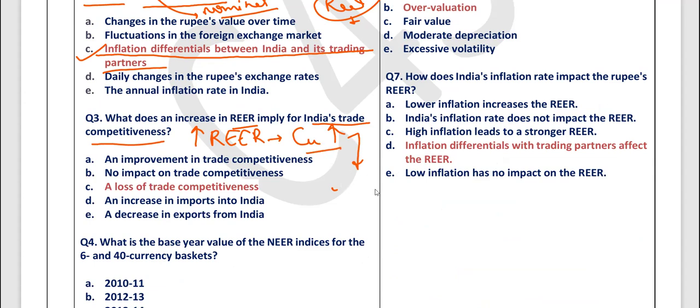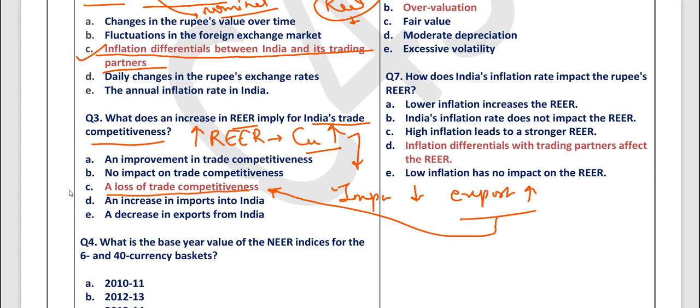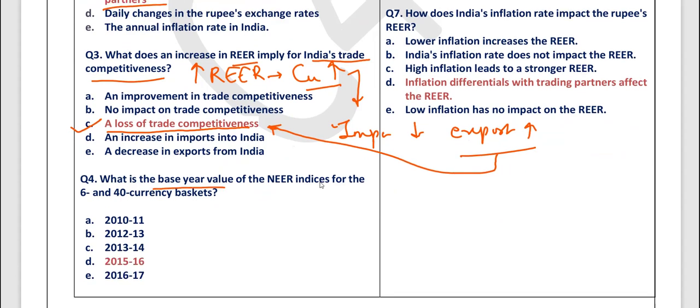But as currency appreciates, our imports get cheap and exports become costly. So we are losing the trade edge. The answer of this question would be a loss of trade competitiveness. Fourth question was asking for the base year. I told you the base year is 2015-16.